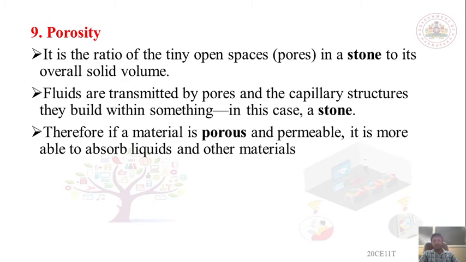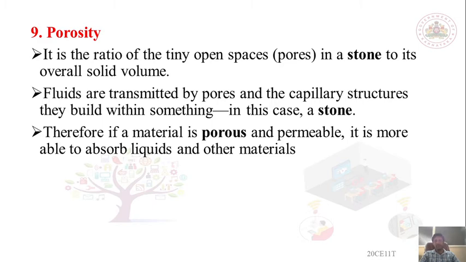Fluids are transmitted by the pores and capillary structures they build within something, in this case stone. So fluids like water and gases will fill these pores and capillary structures present in the body of the stone, and that will eventually disintegrate the stone.